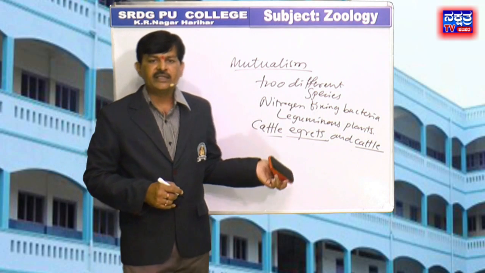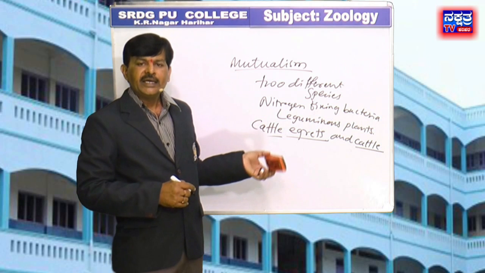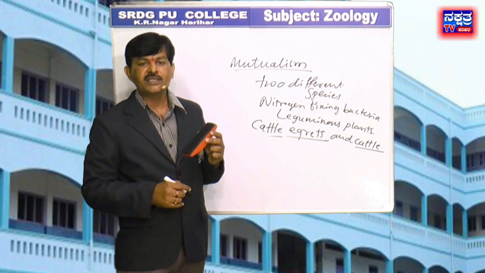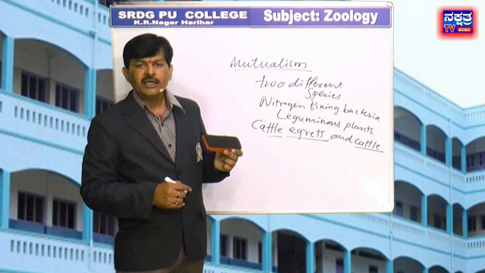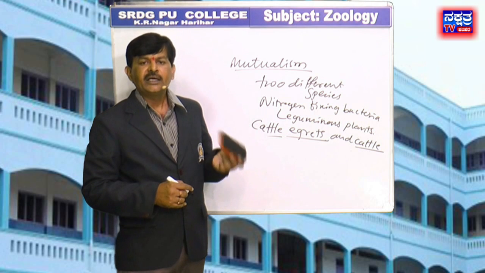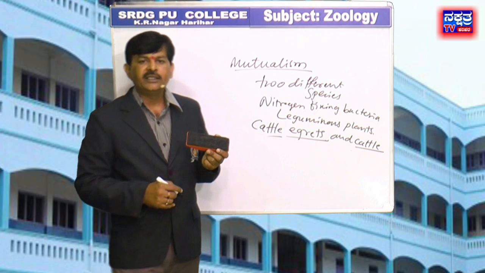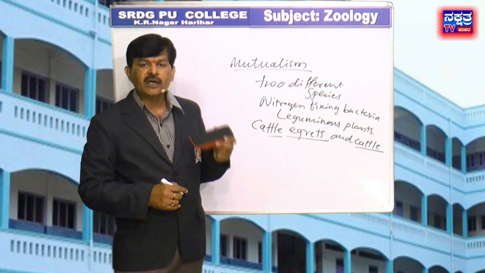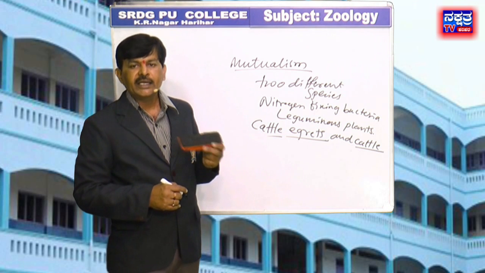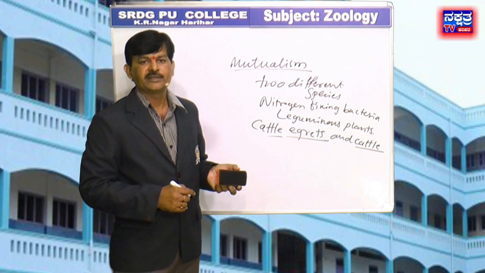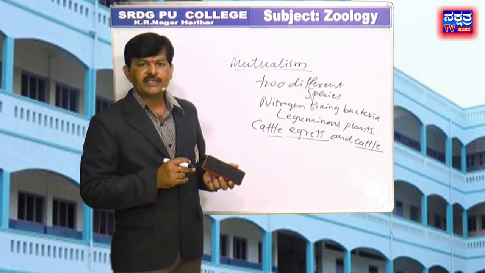Then amensalism. Amensalism is a symbiotic relationship in which one organism is harmed or inhibited and the other one is unaffected. For example, the release of chemical toxins by plants that can inhibit the growth of other plant species. Next, parasitism.